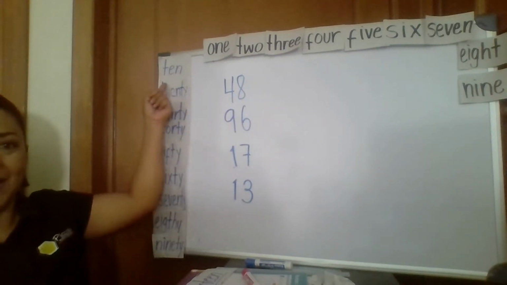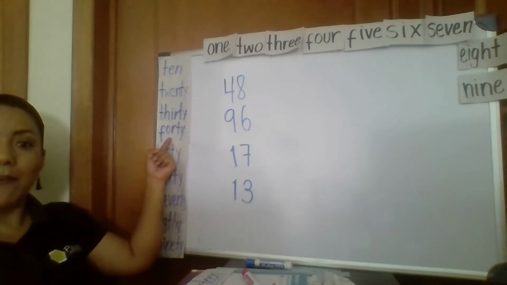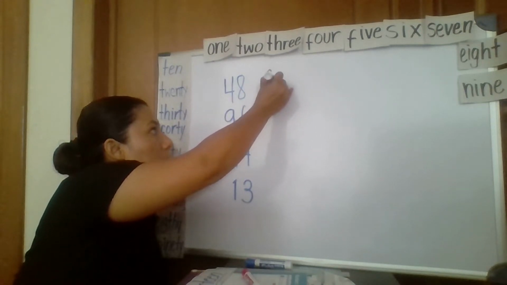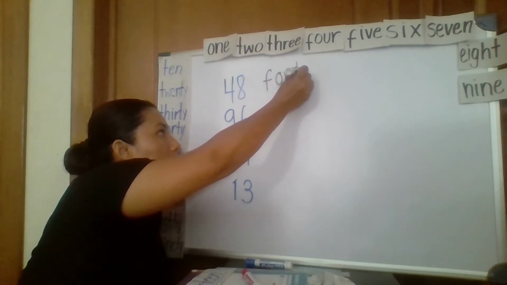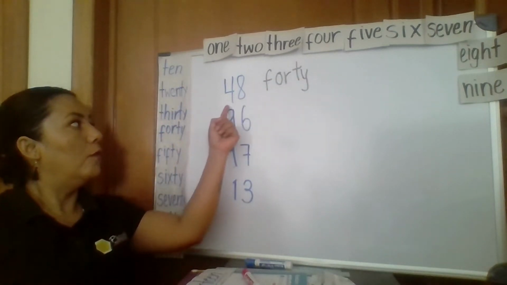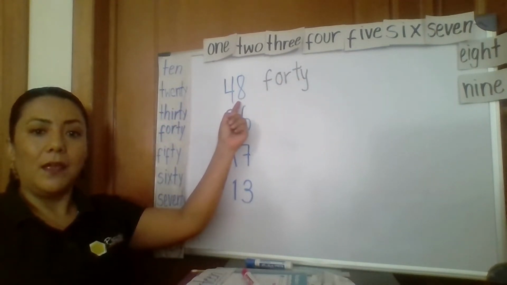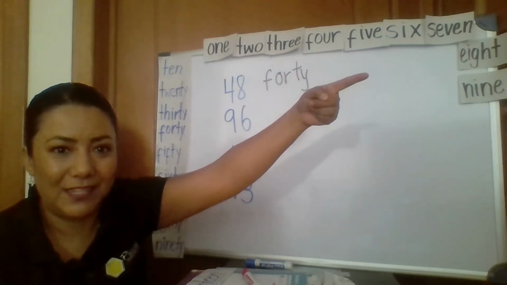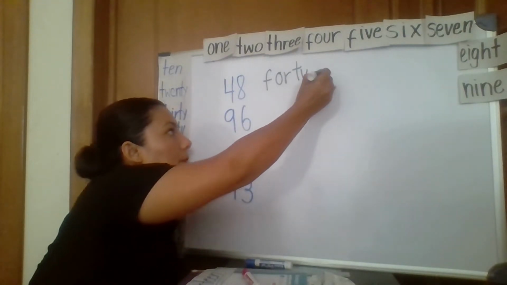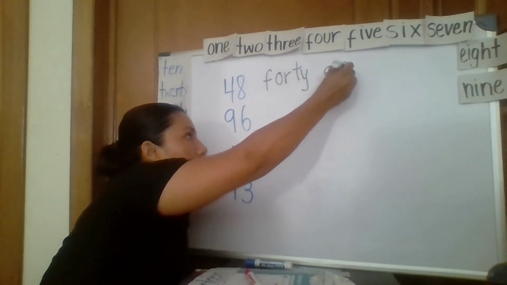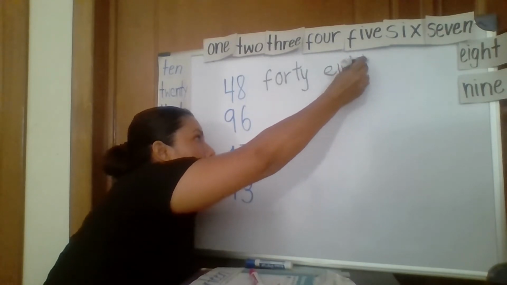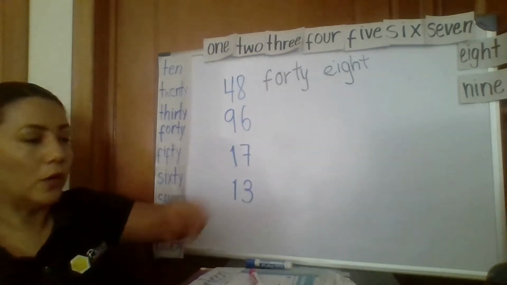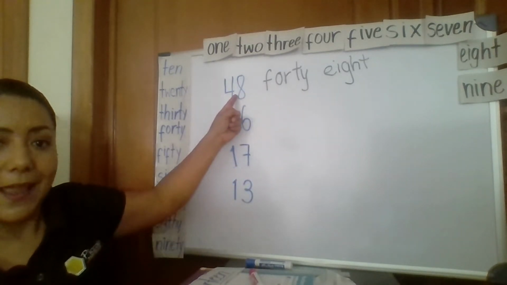We have our tens here, so we just look for 40 and we write it down. 40, 40 what? 48. So we look for the word that says 8 right there and we write it down. That is the word for the numeral 48.